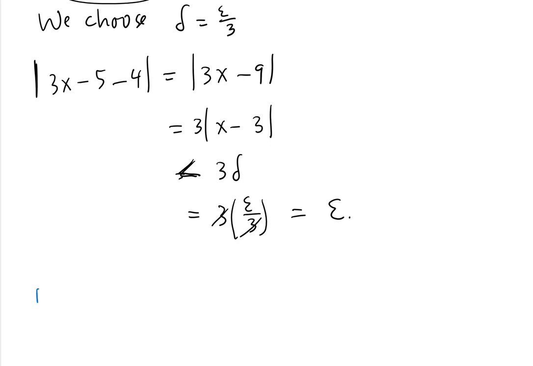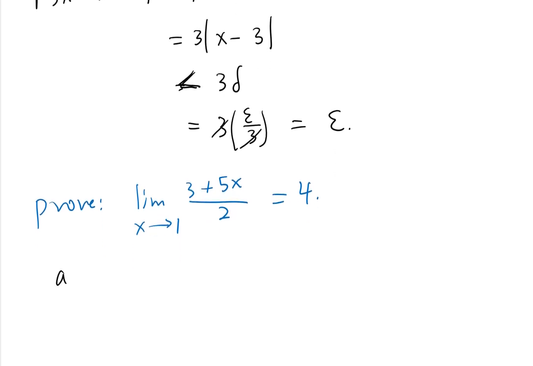One other example, prove that the limit of 3 plus 5x over 2 as x approaches 1 is 4. We take a equals 1, f of x equals 3 plus 5x over 2, and L equals 4.